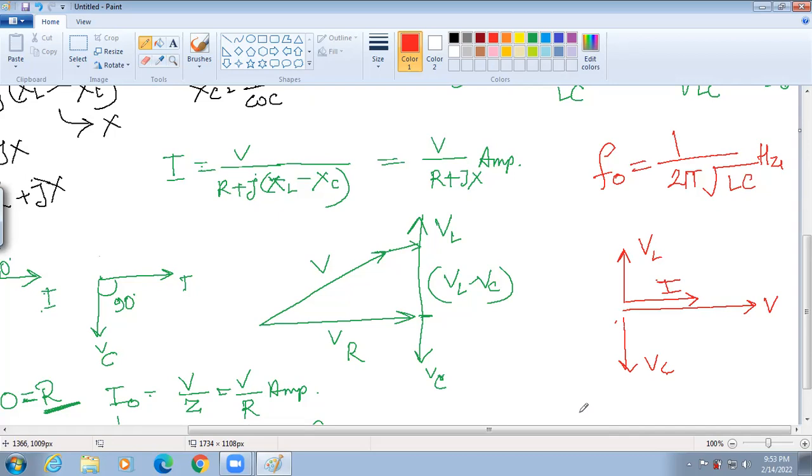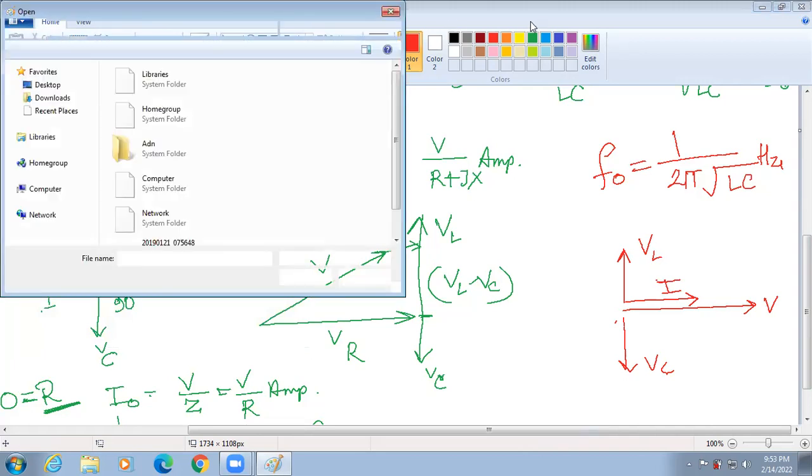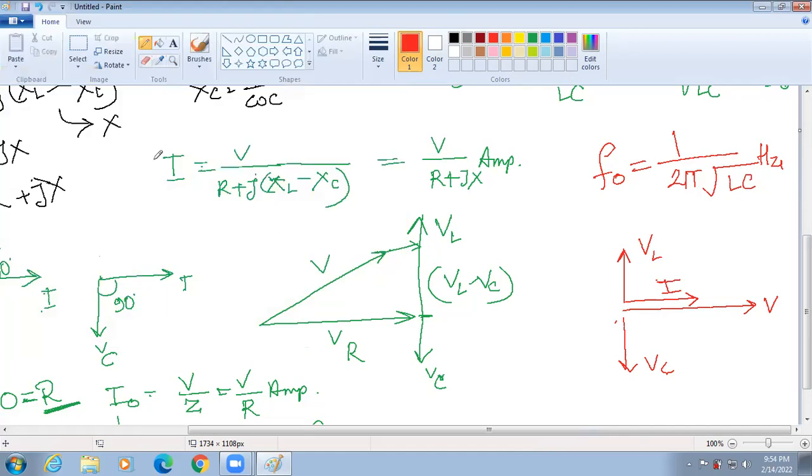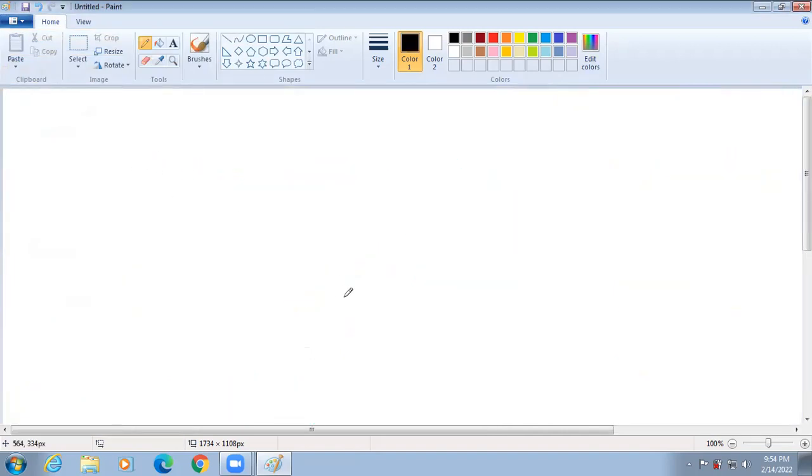And now we have to know the properties of resonance conditions. Some properties are there.